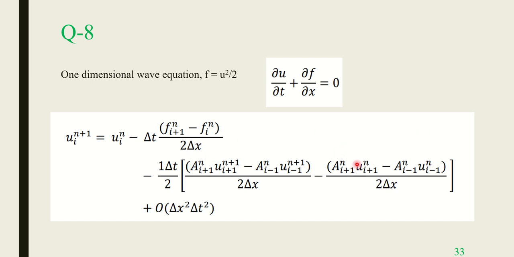A is used at the nth time step, and all other things are here. We can observe that u i at the n plus 1th time step is there, u i at the nth time step is there, and also u i plus 1 at the n plus 1th time step and u i minus 1 at the n plus 1th time step are also there. So basically we are using an implicit scheme for the solution of this.